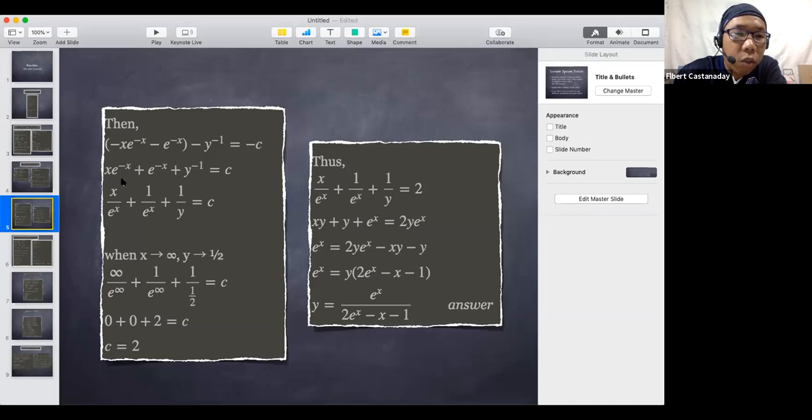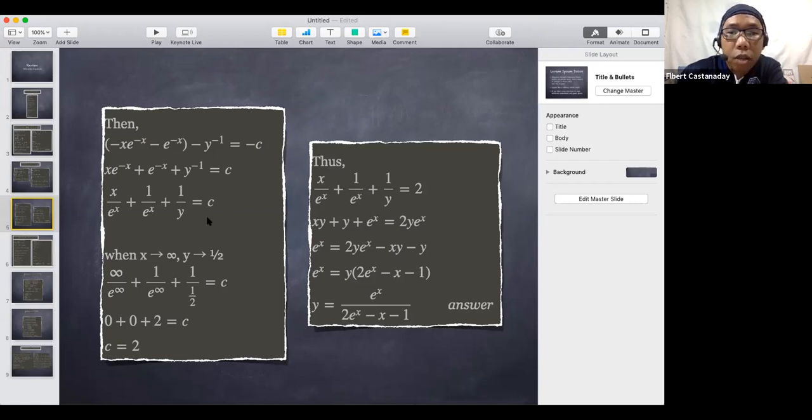So this is equivalent to x over e raised to x. For the second term, you can rewrite this as 1 over e raised to positive x. For the third term, you have y raised to minus 1, so to make the exponent positive, you bring this down, so that is 1 over y. Now you have each term with no negative exponents, equal to c.